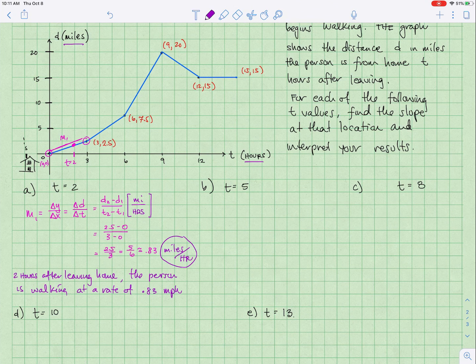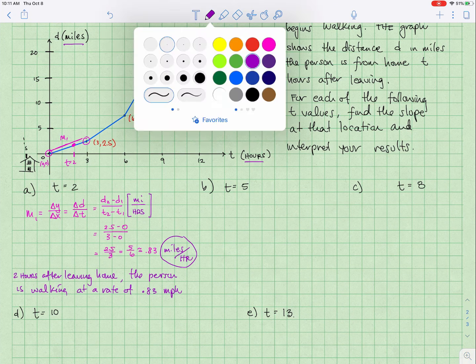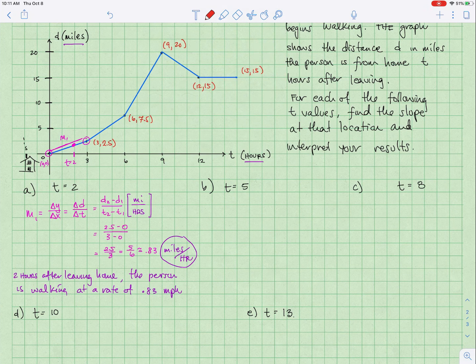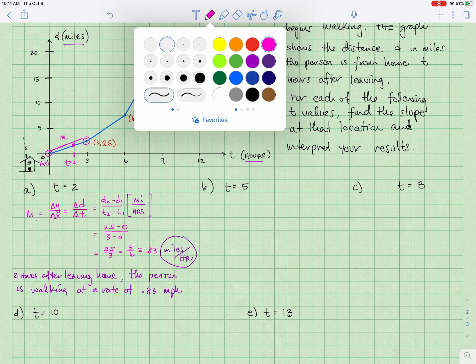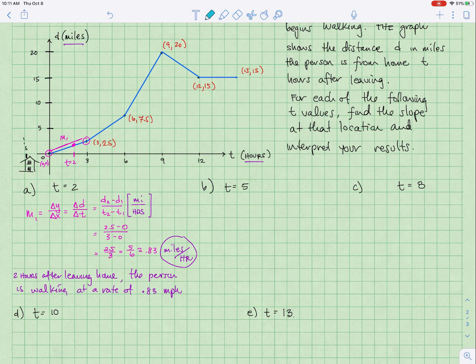The next one is t equals 5. Let's see, for t equals 5, let's get a different color. Okay. For t equals 5, that's this point here, so we can use this point and this point to get the slope of that line.